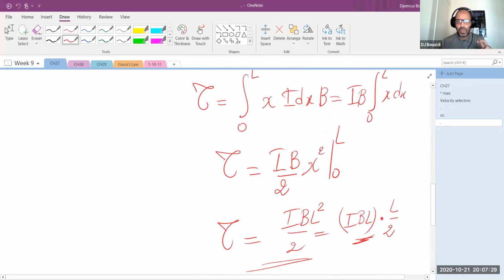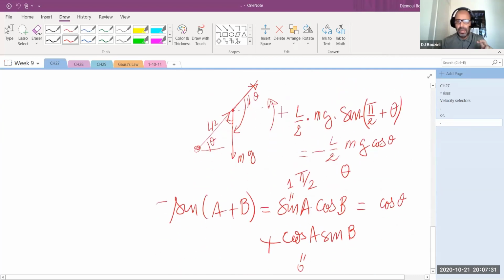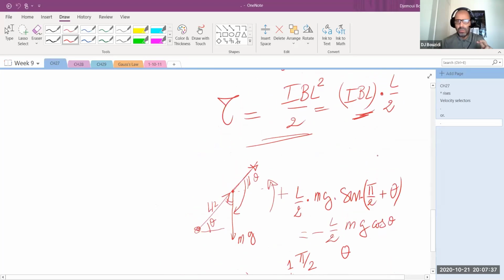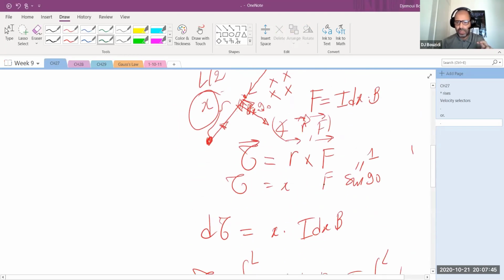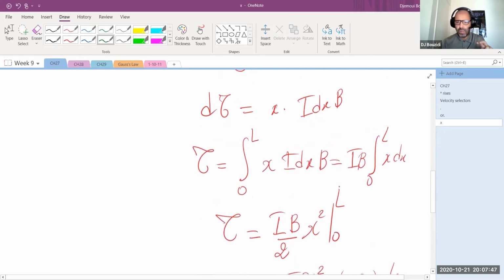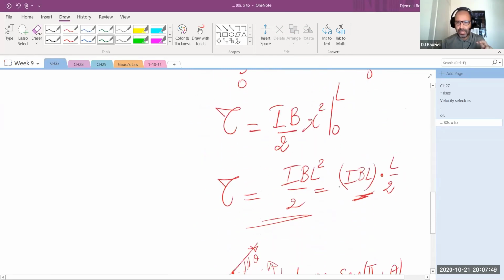So we found the second torque, and it's minus L over 2 times mg times cosine theta, okay? So I found two torques so far. Let me change colors in here quickly. So we found this torque, and I know how much this torque is equal to. It's a negative torque too, I should say.